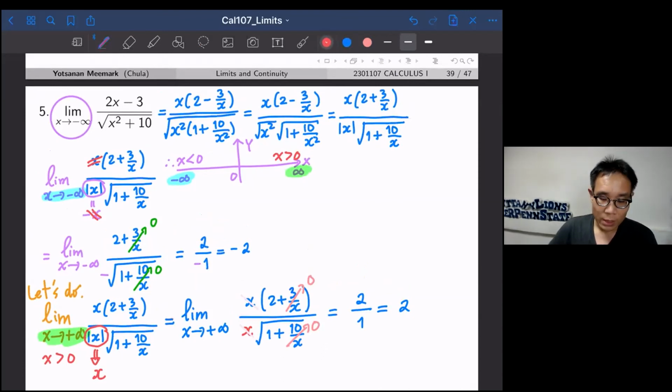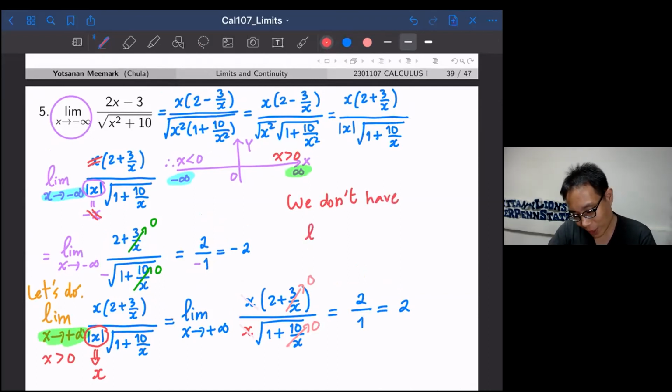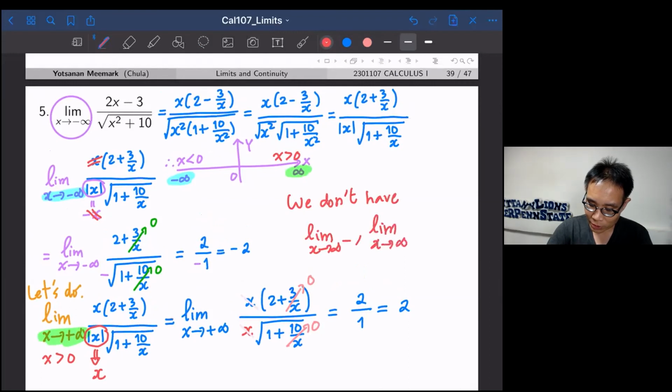By the way, let me emphasize this one. I saw some of you do this. We don't have the limit as x goes to infinity from the left, and we don't have the limit as x goes to infinity from the right. We don't have it. You have to take a look here that negative is in front of infinity, positive is in front of infinity.